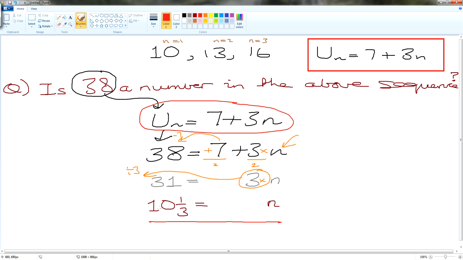Okay, n has to be an integer value. So we could say quite comfortably now, the number 38 is not in the above number sequence.